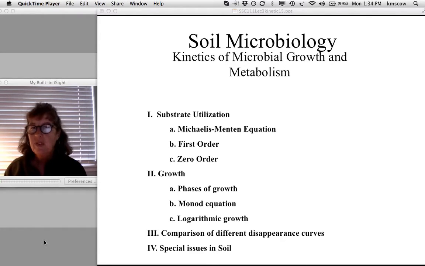And there's 2 different kinds of cultures of kinetics that describe these 2 types of phenomenon. And then we're going to look a little bit at curves showing these rates over time, and talk about what are some of the particular challenges that are associated with looking at kinetics in soil.